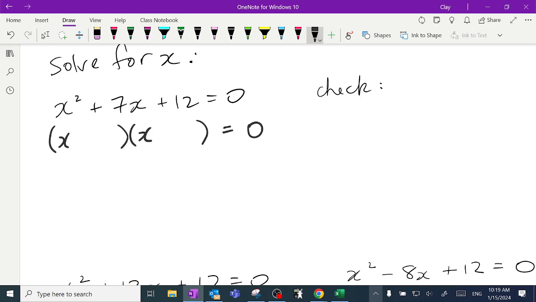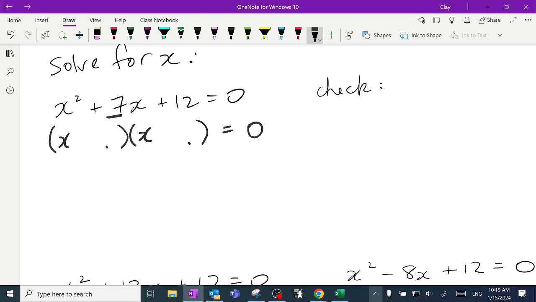That's an easy part. But how do I know what goes here and here? Well, I know those two things multiply to make 12, but there's lots of things that multiply to make 12. There's 1 times 12, there's 2 times 6, there's 3 times 4. Which pair do I want? That's right. We want the 3 and the 4. How come? Because they add up to 7.